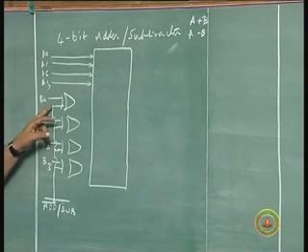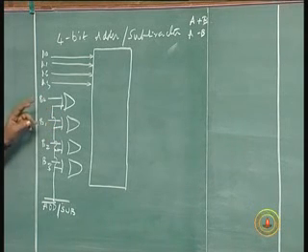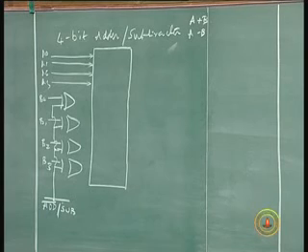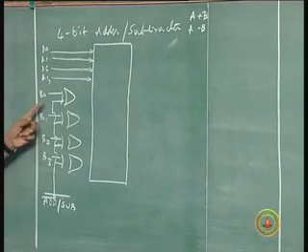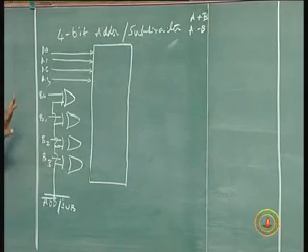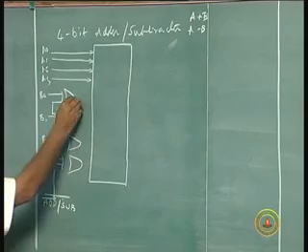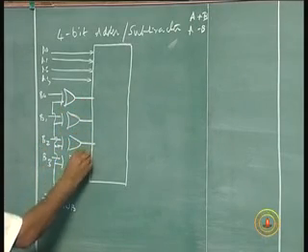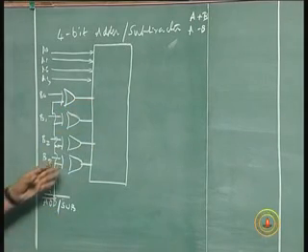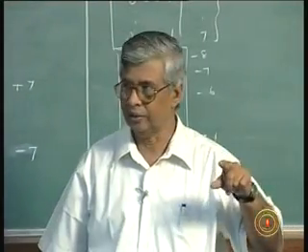If this bit is a 1, this gets inverted. If this bit is a 0, the bit does not get inverted. That is what we saw. Exclusive OR gate, the bit gets inverted if the other bit is a 1. If the other bit is a 0, the bit does not get inverted. So for subtraction we want inversion, addition we do not want inversion. So B will go through this exclusive OR gate and become plus B or minus B as required for addition or subtraction.